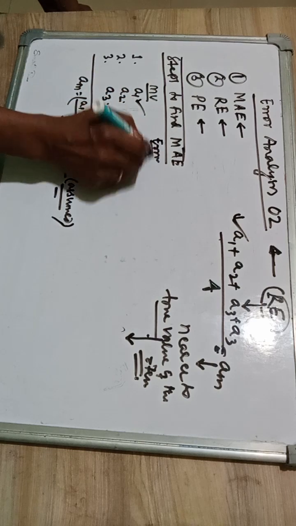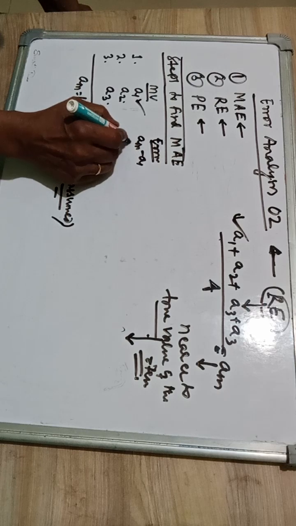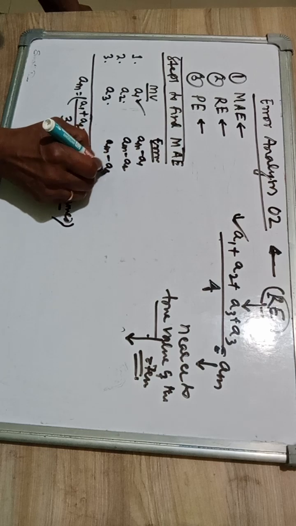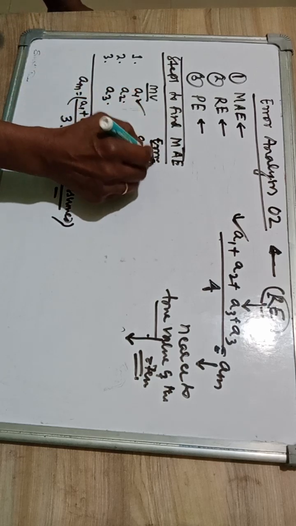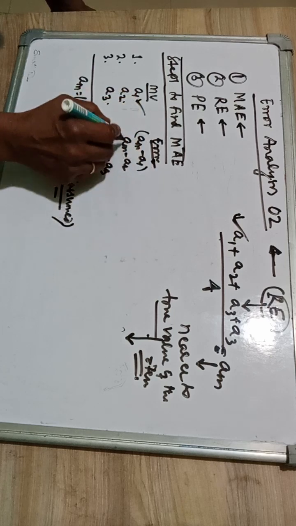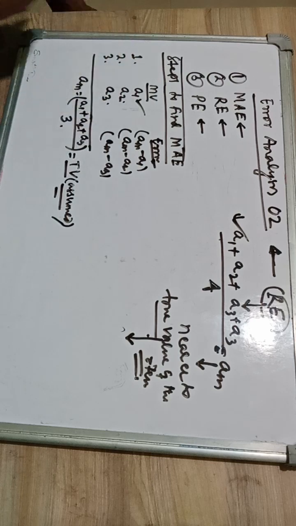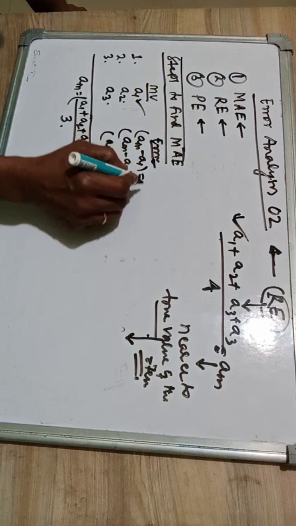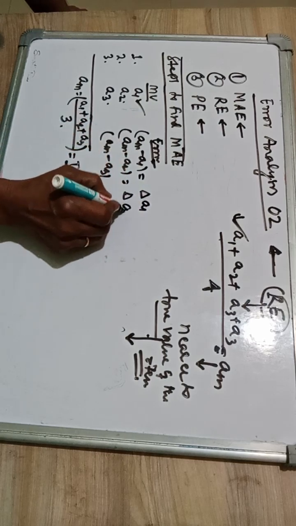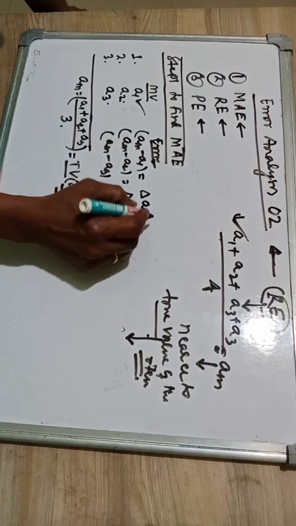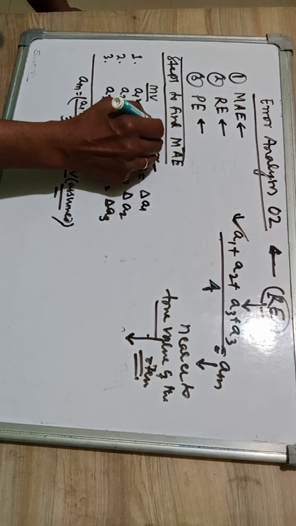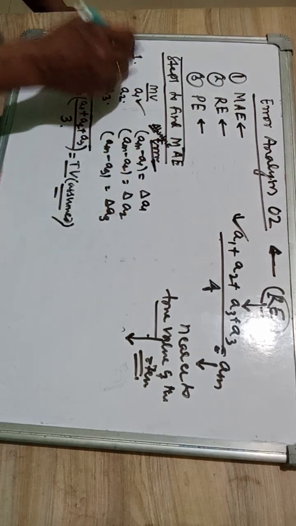Here the error is AM minus A1 for the first measurement, AM minus A2 for the second, and AM minus A3 for the third. These are the absolute errors for these measurements. We can say this is delta A1, this is delta A2, this is delta A3. It is termed the absolute error for each measurement.